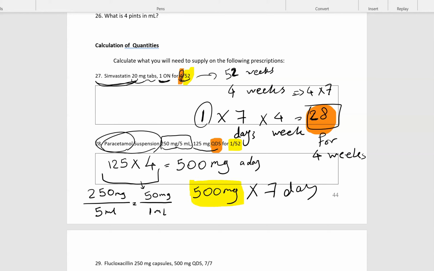Which number do I have to times 50 by to reach 500? 10. So we need 10 milliliter. So 500 milligram equals 10 milliliter.